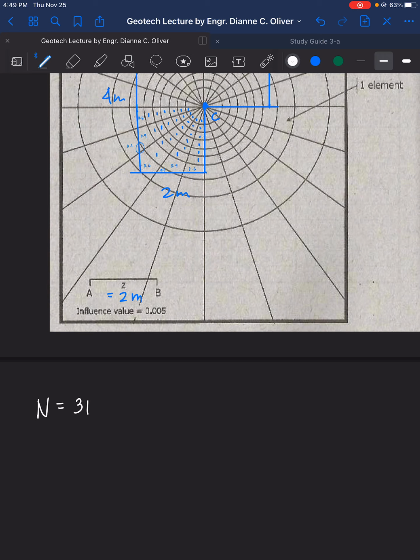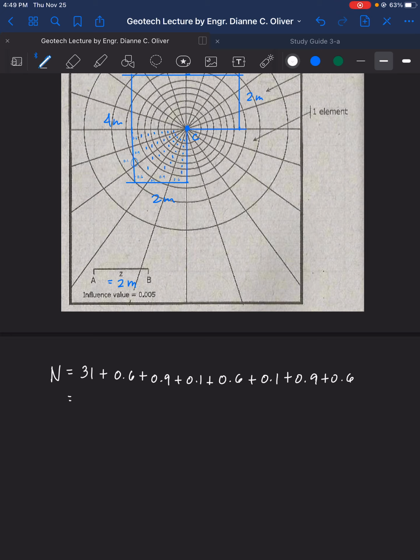Then we put here 31 plus 0.6 plus 0.9 plus 0.1 plus 0.6 plus 0.1 plus 0.9 plus 0.6.